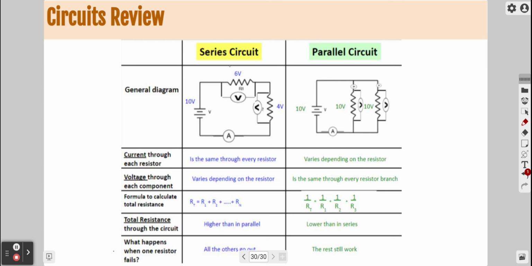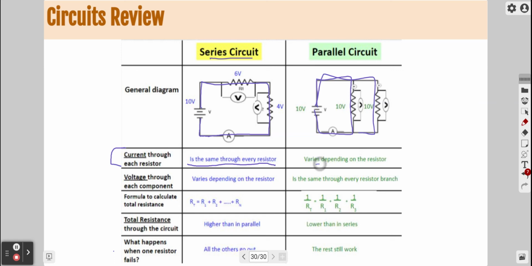So there's a general diagram for a series. You're going right through everything in your circuit in just one path, whereas a parallel will have multiple paths. The current through each resistor, if you're in series, is going to be the same current through every resistor.